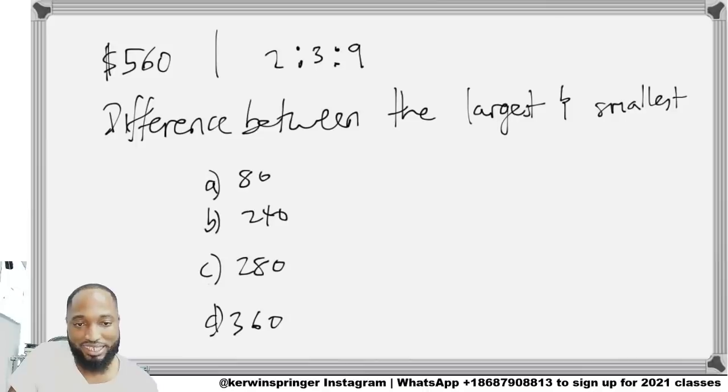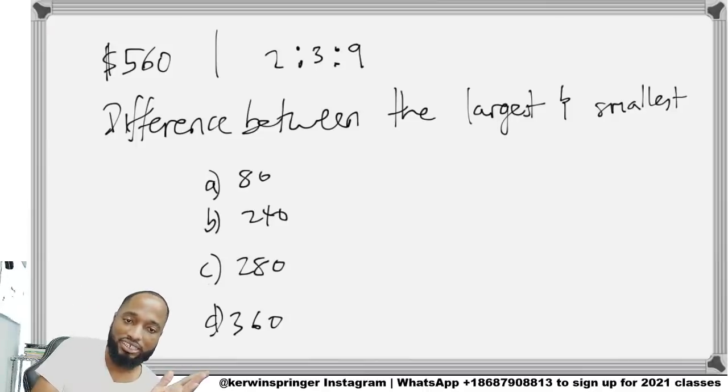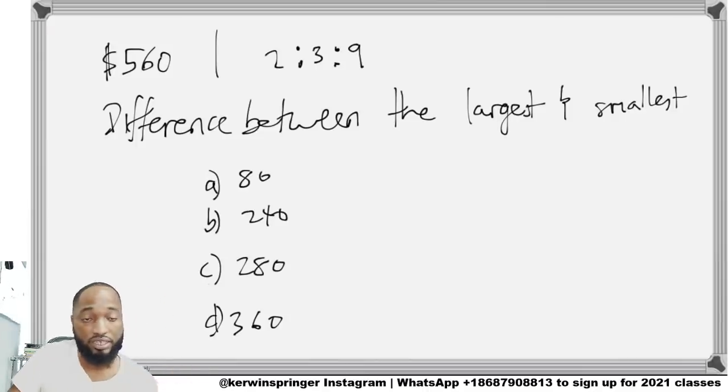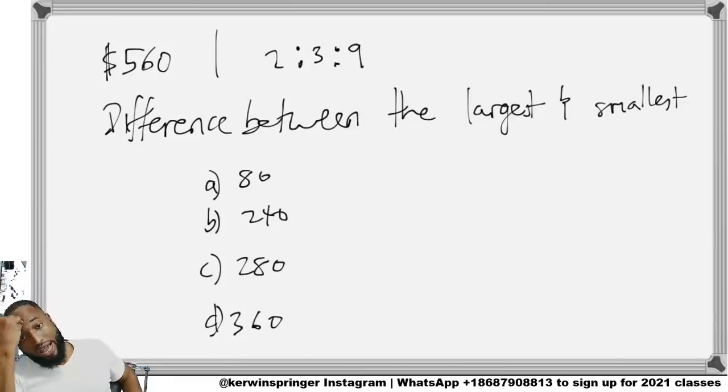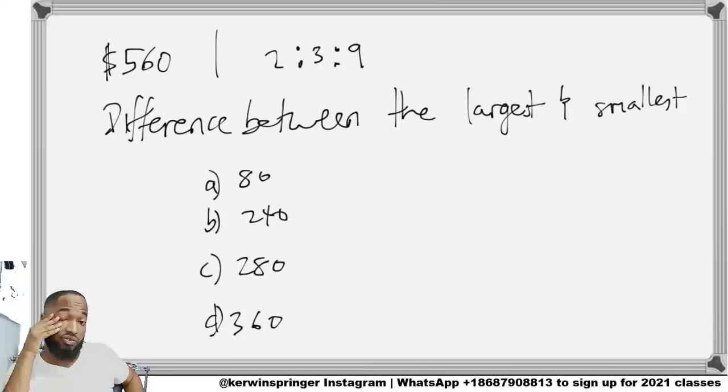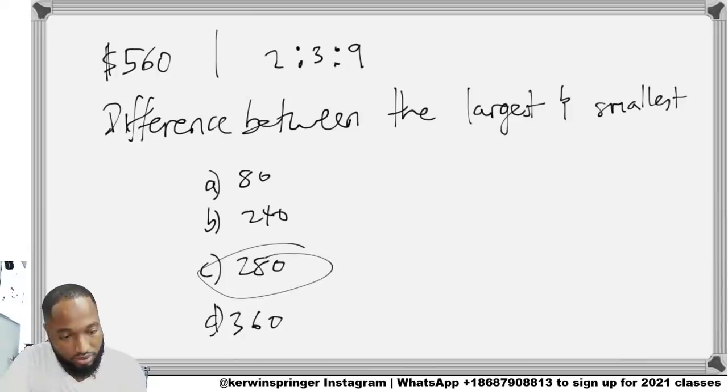So you add up the total number of shares, you get 5, 9, 14. 14 could go into 56 how many times? 4. 280, everybody's saying 280, I get it.